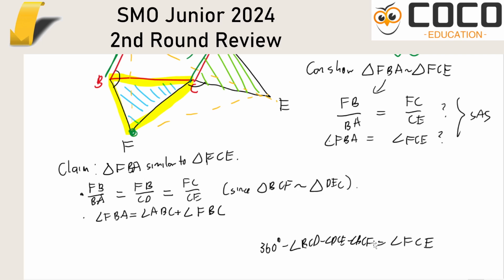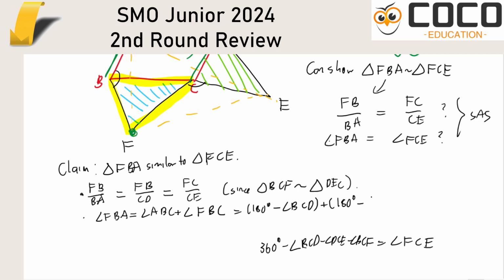Now I look at this and I try to find out how do they match up. There needs to be a 360 minus things, and ABC and FBC both can be written as 360 minus stuff. I can slide this to BCD, that settles half of it.